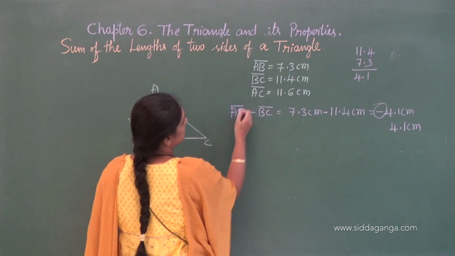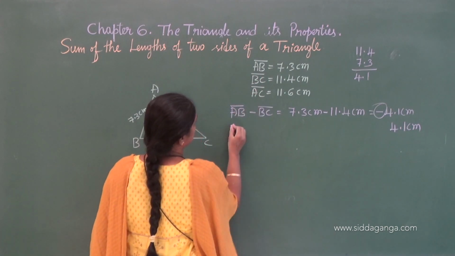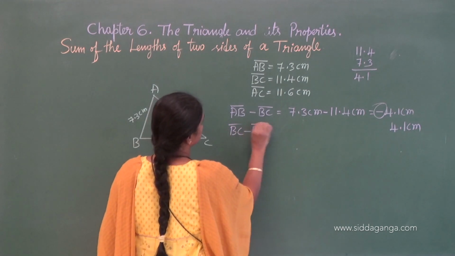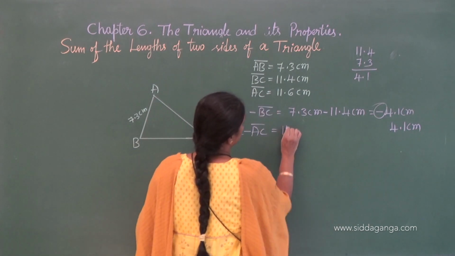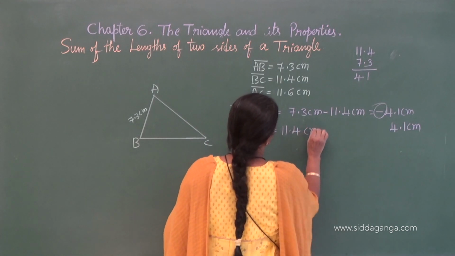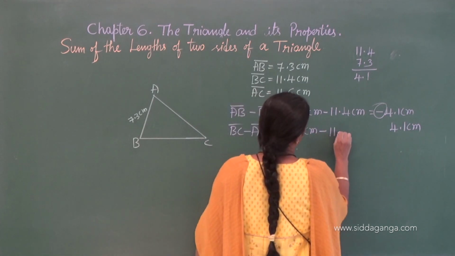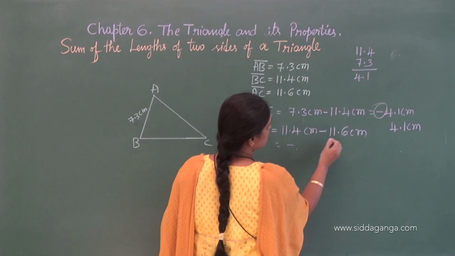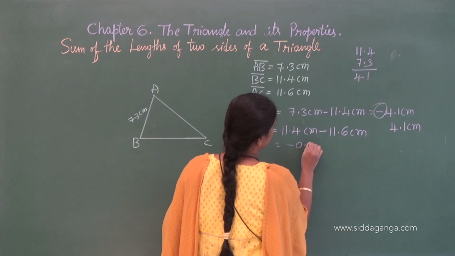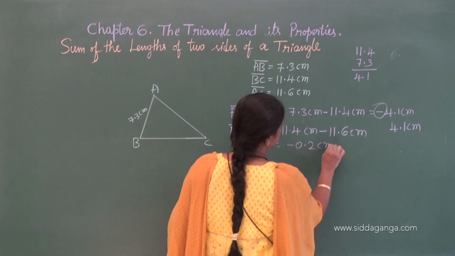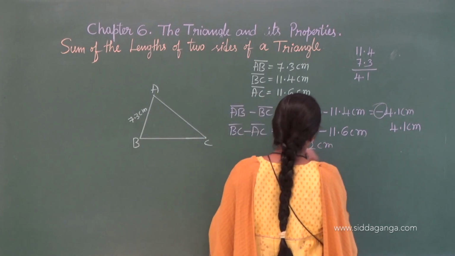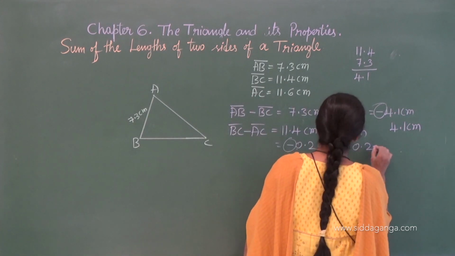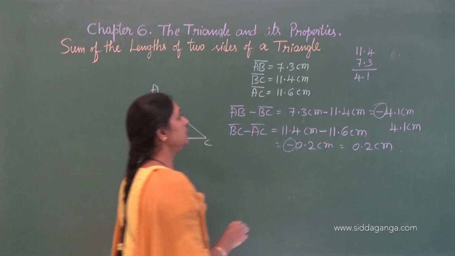Okay, let's find BC minus AC, that is equal to 11.4 centimeter minus 11.6 centimeter, then it will be minus 0.2 centimeter. So by neglecting the negative sign, we can write it as 0.2 centimeter.